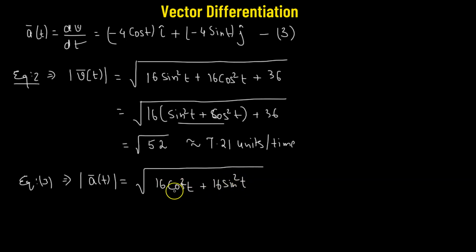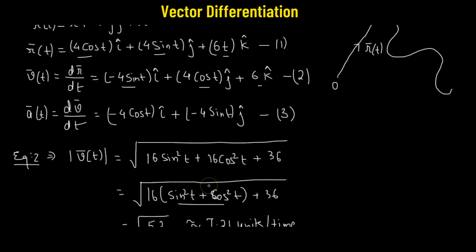Taking 16 as the common factor, multiplied by cosine squared t plus sine squared t, which is 1, we have the square root of 16, which equals 4. This is the magnitude of the acceleration, in units per time squared, which is the unit of acceleration.